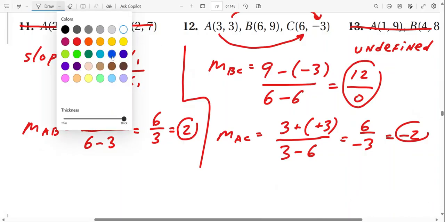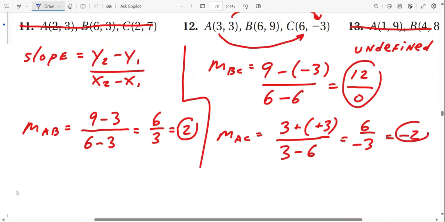Very good. Opposite reciprocal. What do you mean by opposite? What exactly is opposite? Good. The sign. All right, we want to see if the slopes are negative reciprocals of each other. So you just take one slope and see if it's the negative reciprocal.